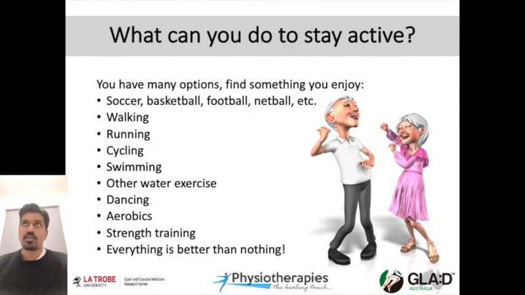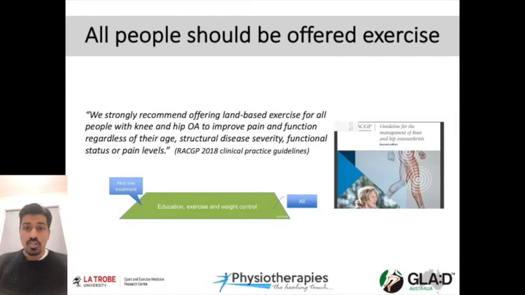As I also mentioned in the previous session, in the slide, there is actually a guideline that the GPs follow here in Australia, called the RACGP, Royal Australian College of General Practitioners guide.